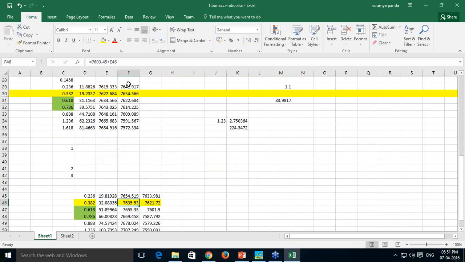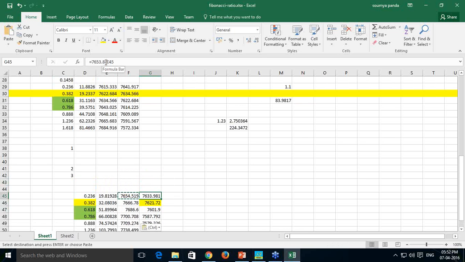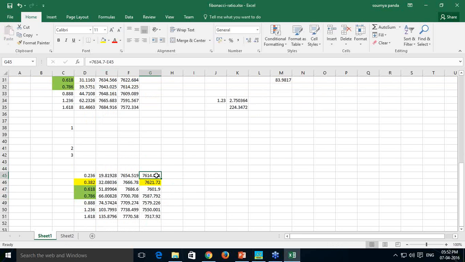This is the last price I am taking, and based on this all other calculations I have done. So subtraction and addition are happening from a single price point. This is what I have done.